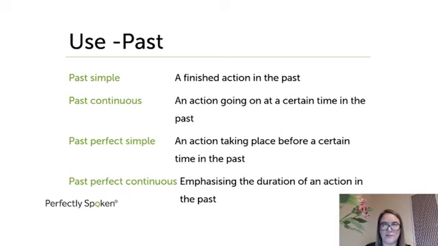In the past. So here we have past simple for an action that's finished. Past continuous, an action going on at a certain time in the past. So for example, at 1 o'clock today, I was eating my lunch.